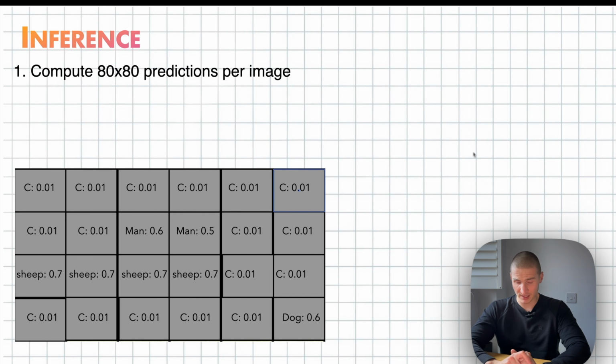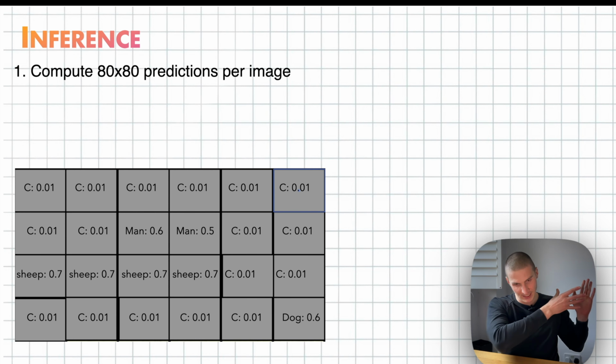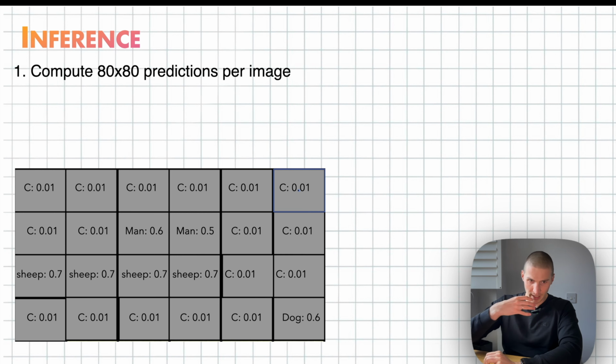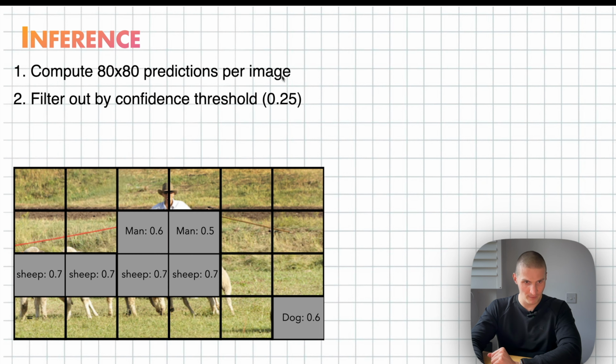And then during inference, we start by just feeding in the image to the model and getting these 80 by 80 grid predictions with confidences, class probabilities, and actual bounding box coordinates. Then we filter out everything below a certain confidence threshold, and it might look something like this.